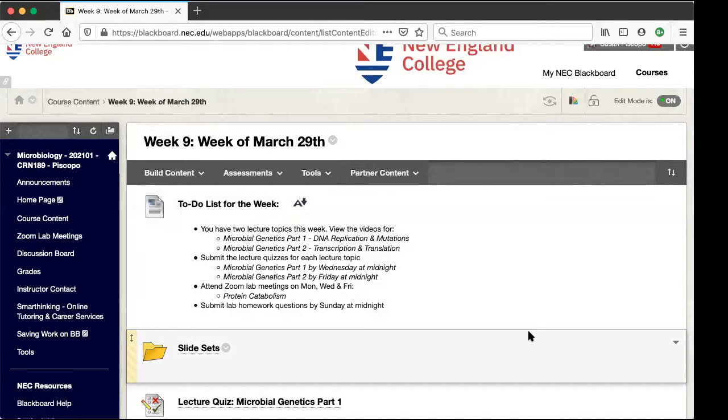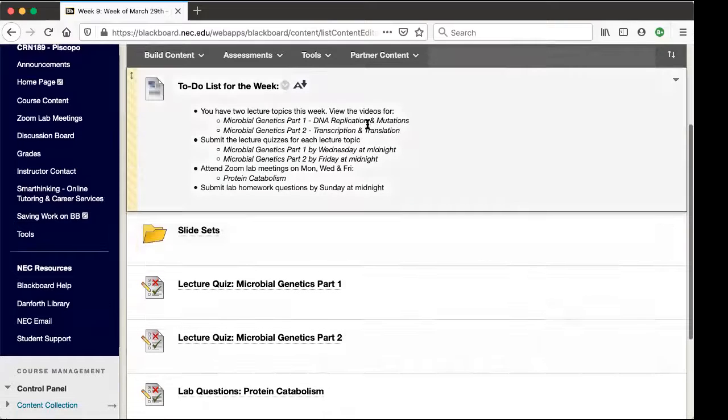And next week, the lecture topics are going to be all about genetics, or essentially what's happening with the DNA molecule inside of microbial cells. So the first part of this topic is this process called DNA replication, and another very natural process called mutation, and how those processes occur. And then the second half of the subject involves how DNA is used inside cells to build proteins.